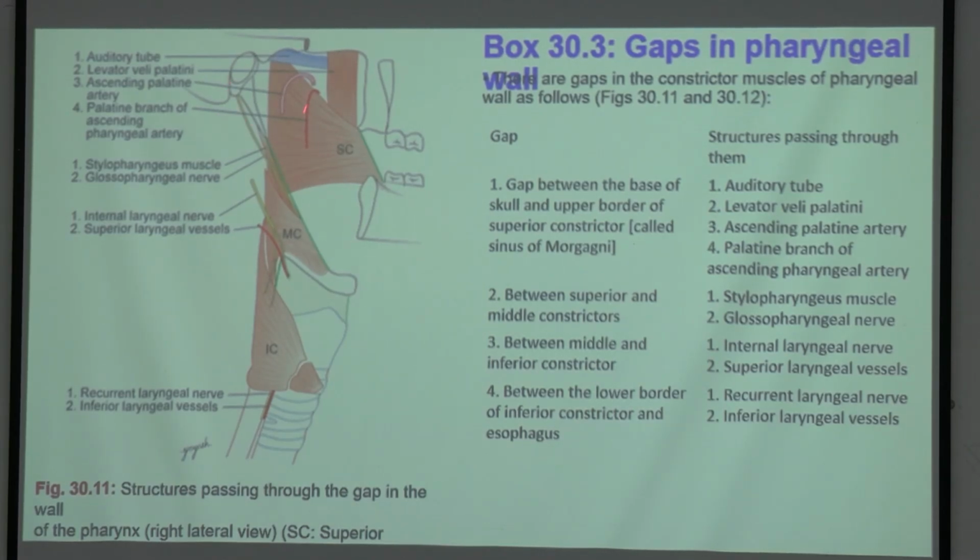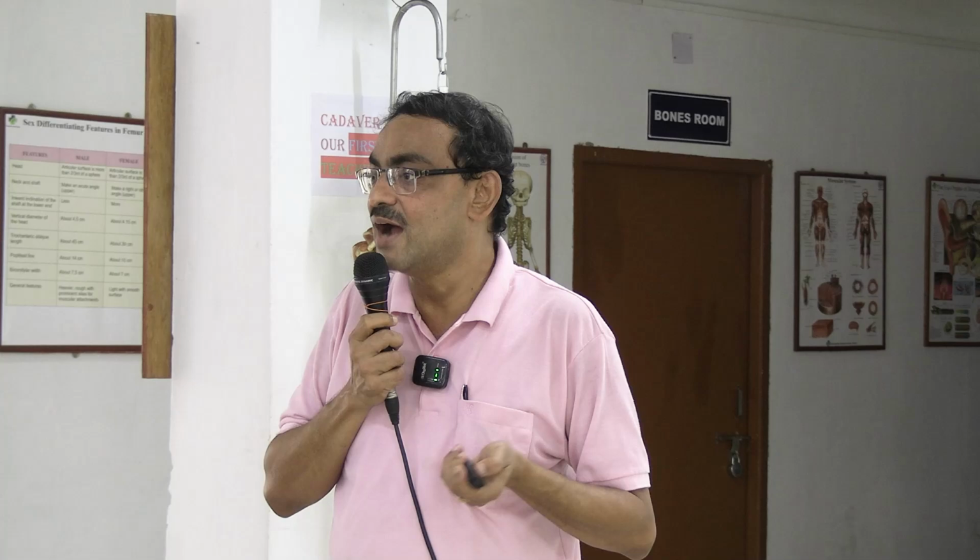And now between the superior and middle constrictor we can get one muscle and nerve. And this nerve is exclusively for this muscle. This muscle is stylopharyngeus. This muscle is coming from the third branchial arch.